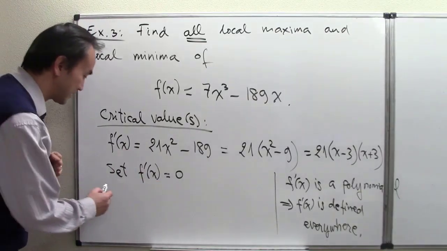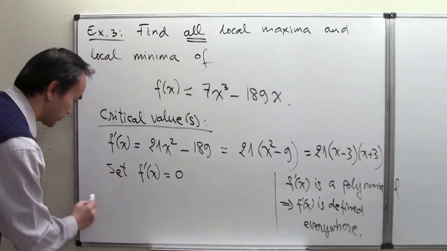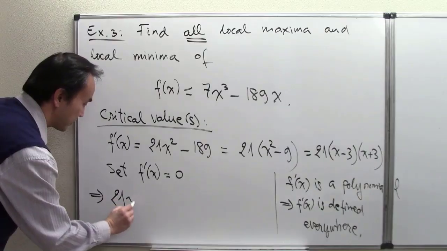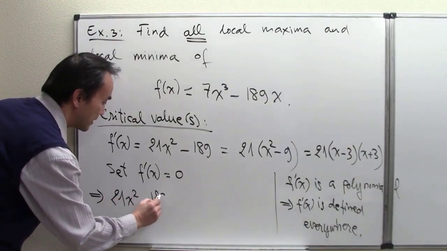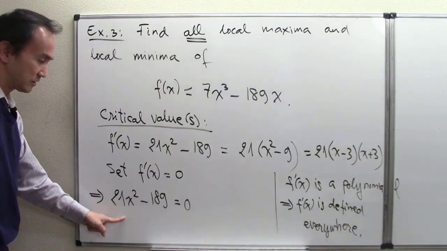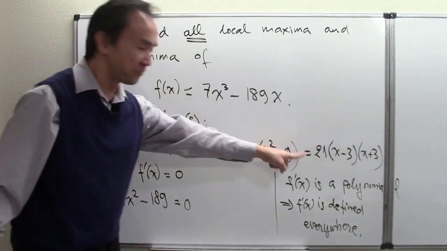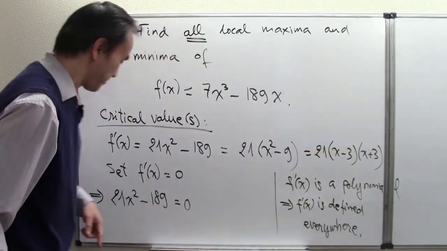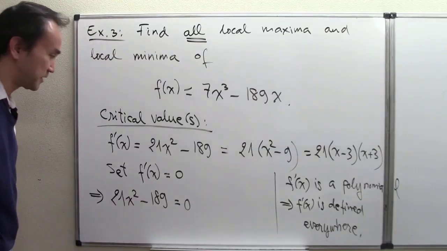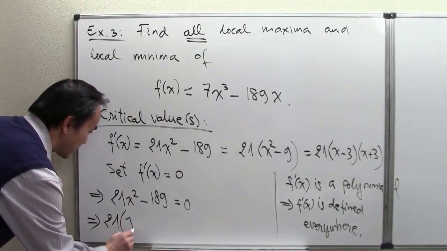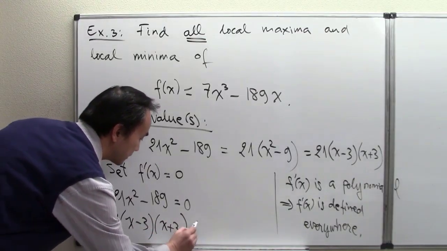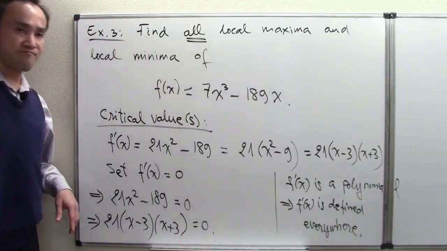Okay, and so setting f prime of x equal to 0 leads to 21x squared minus 189 equal to 0. That's right at the start there. Now this equation we're about to solve, according to our optional work I've done earlier, most of the time we use the factoring method: 21 times x minus 3 times x plus 3 equal to 0.